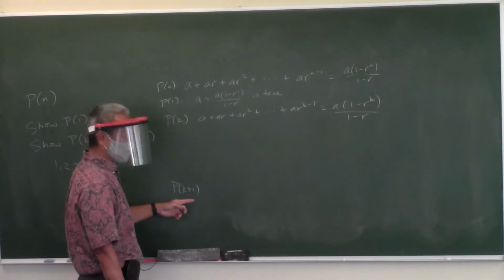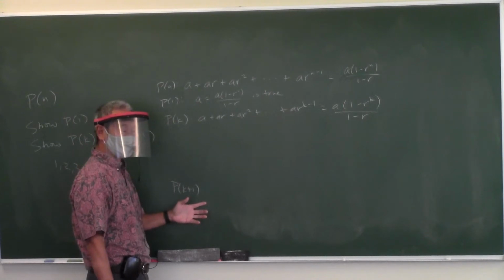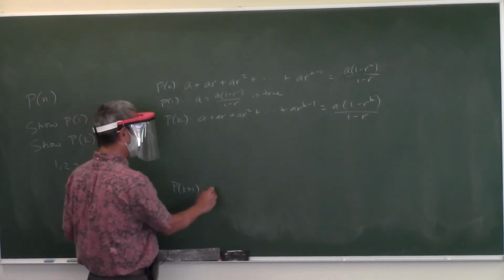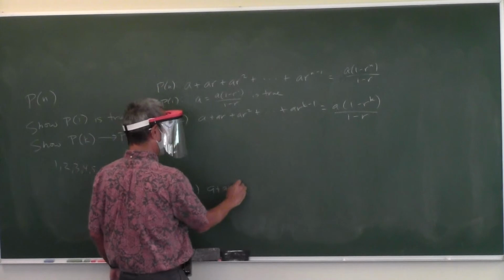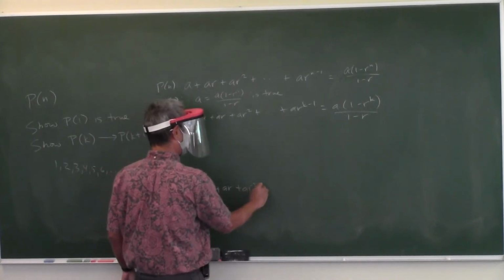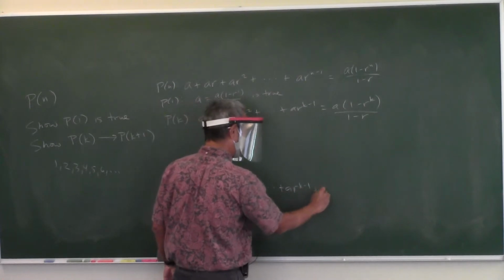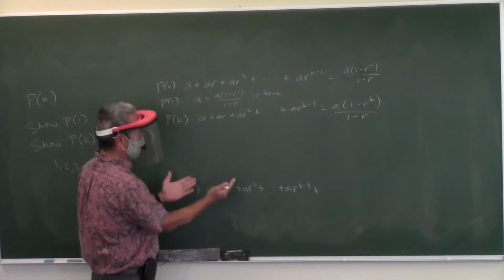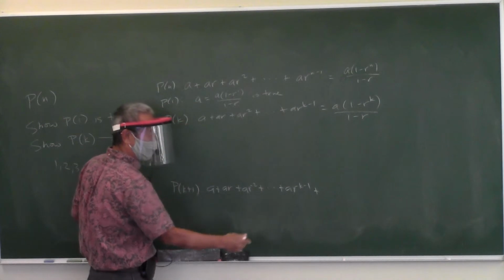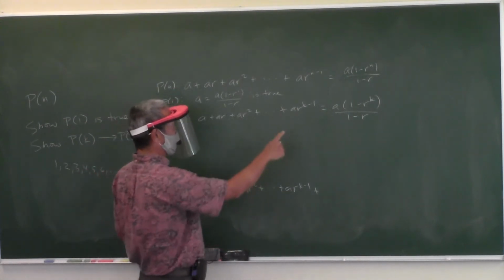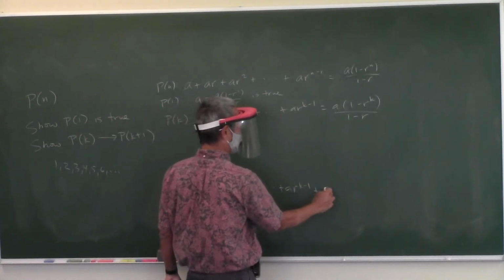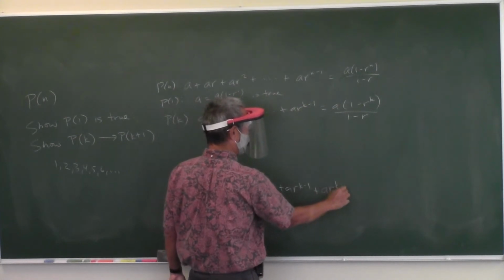Okay, now, what is the statement P of k plus 1? It would be A plus AR plus dot dot dot plus AR to the k minus 1 plus, basically, you're adding one more term, right? And what would be that next term? AR to the k, right?